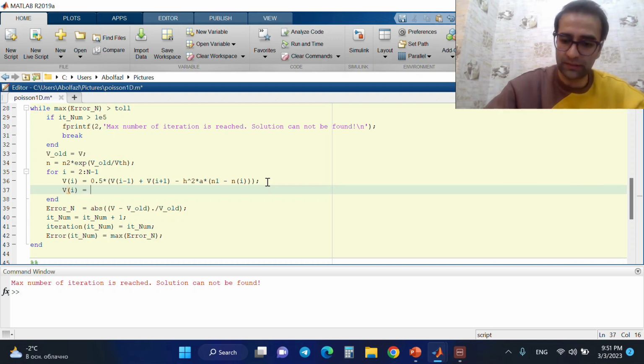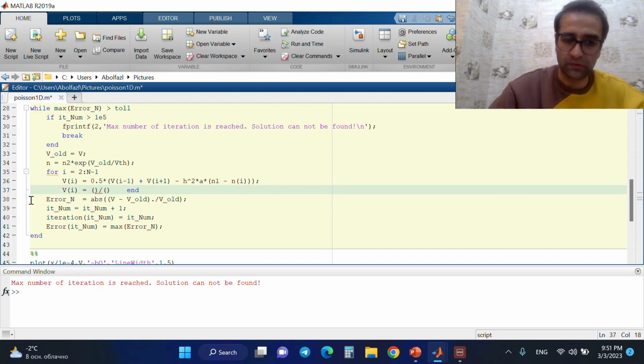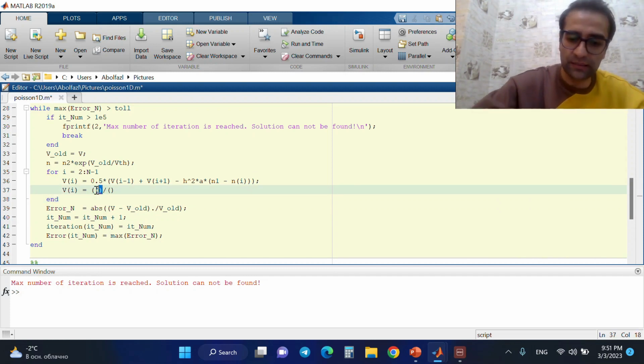If you remember, we have some numerator and some denominator. What we have in the numerator is V_i plus 1 plus V_i minus 1. These two terms are divided by h squared.